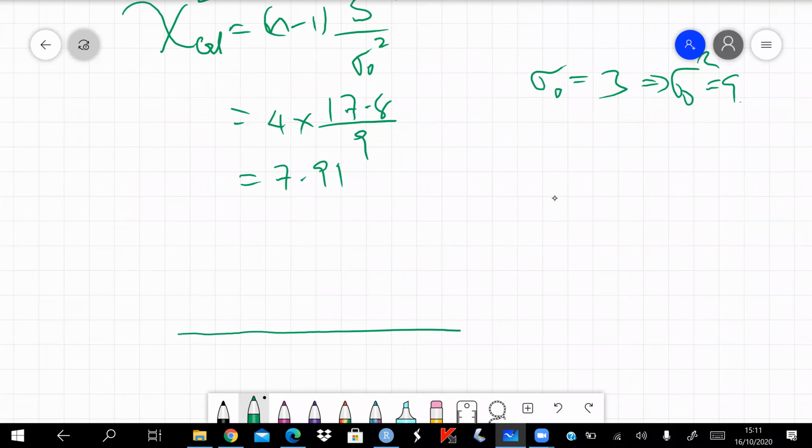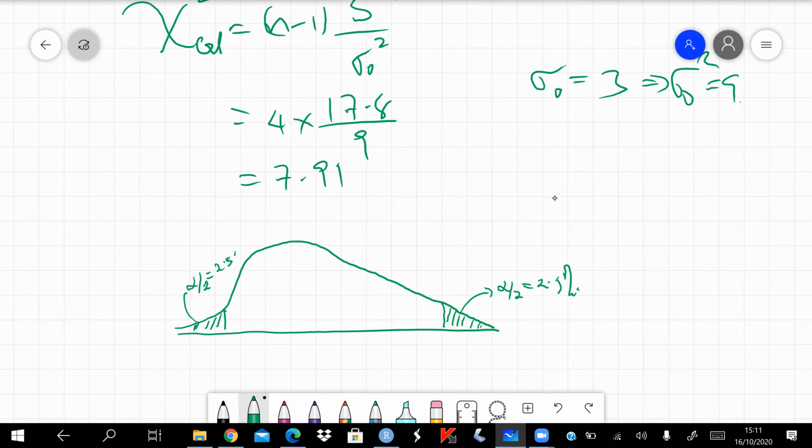So let's illustrate the critical region. Remember here we're going to be using a chi-square distribution. So we're going to have a distribution that looks like that. And it's a two-tailed test. So this is where you have your alpha. So this will be your alpha over 2, which is 2.5%. And here you have the other alpha over 2, which is 2.5%.